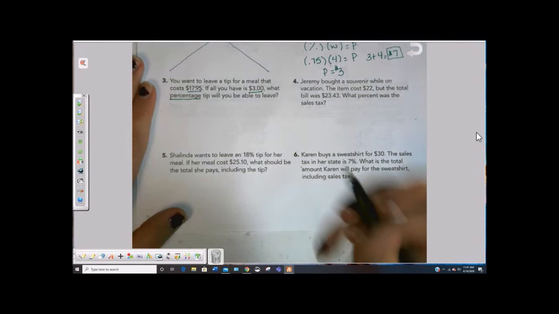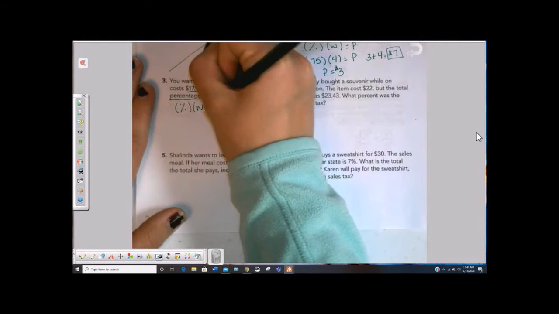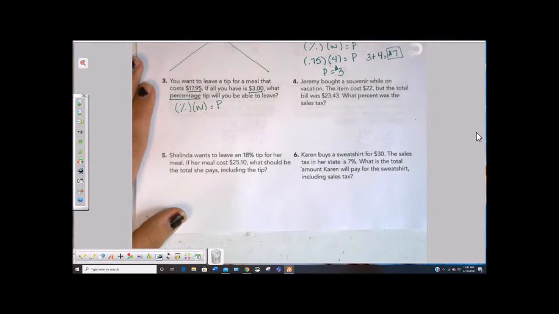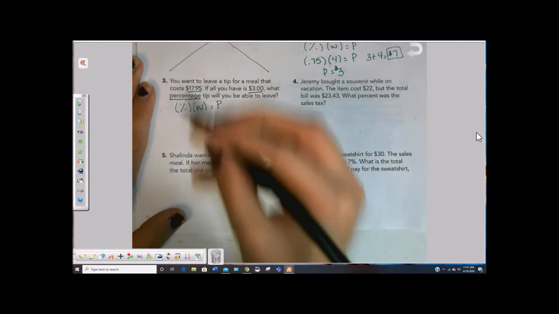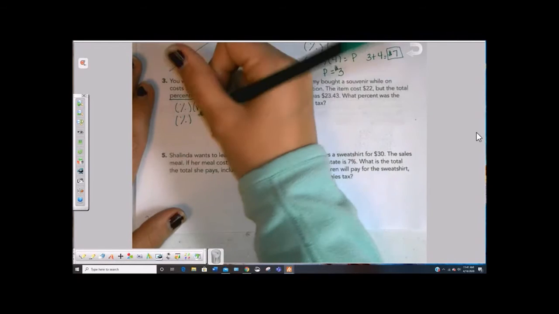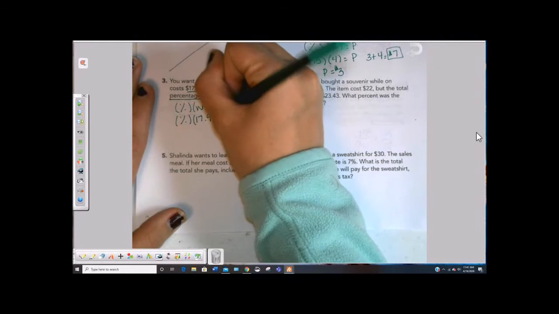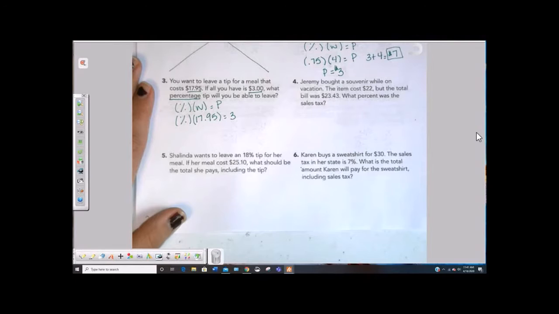In this case, we have our whole and we have our part, so we need to find the percentage. The whole is how much the meal cost, so $17.95, and the part is the $3.